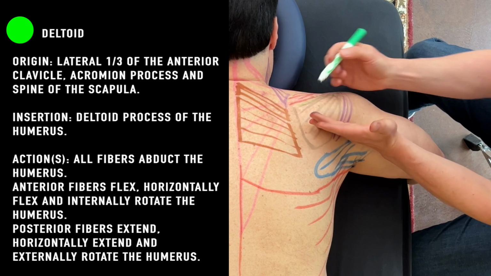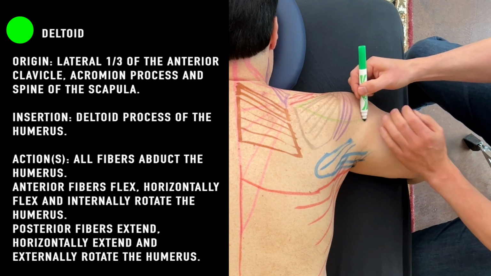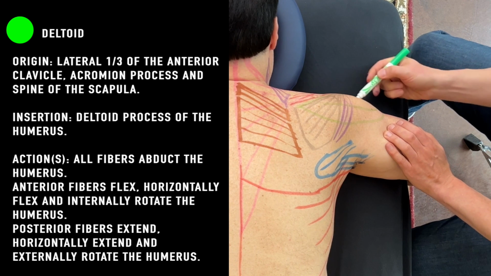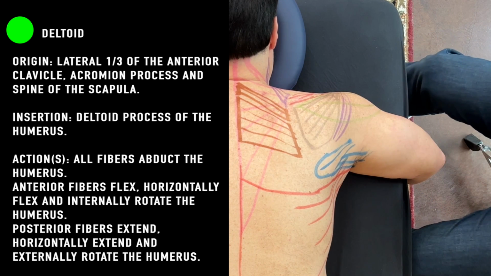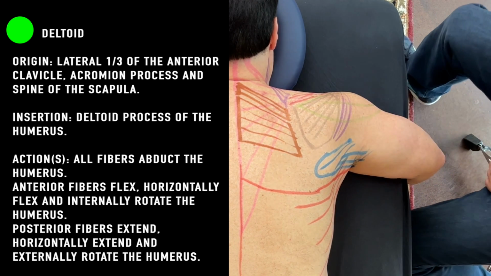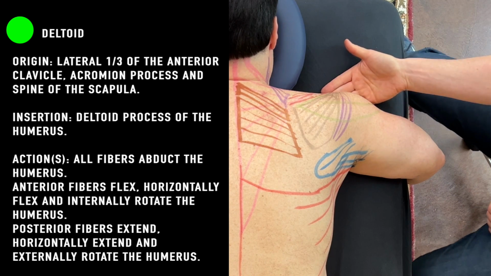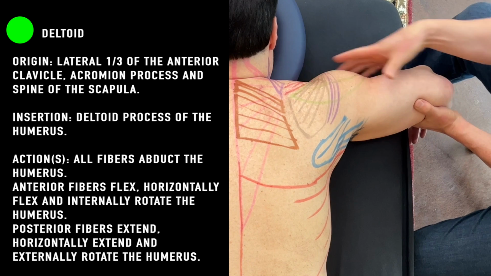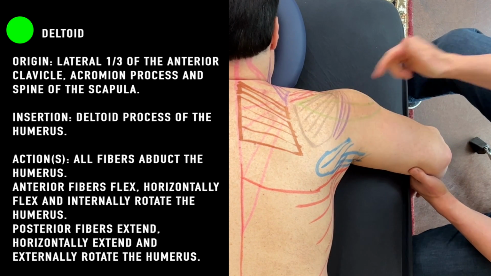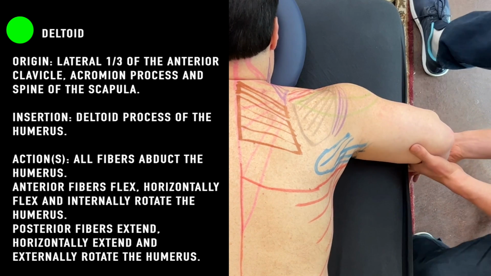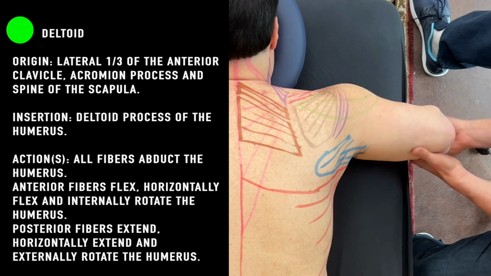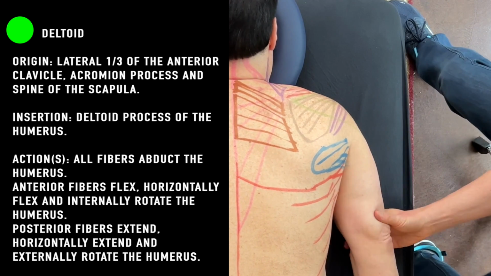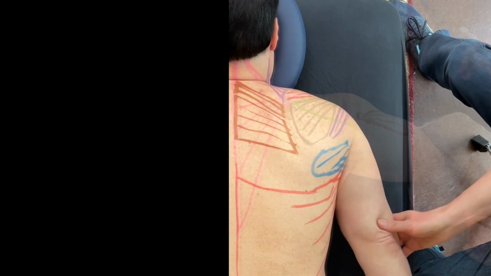You can kind of see the bulk of this muscle coming down and covering over everything underneath it. The posterior deltoid is the functional opposite of the anterior deltoid, except for abduction, which all fibers perform abduction of the humerus. In this case, the posterior fibers will externally rotate, horizontally extend, and extend the humerus.